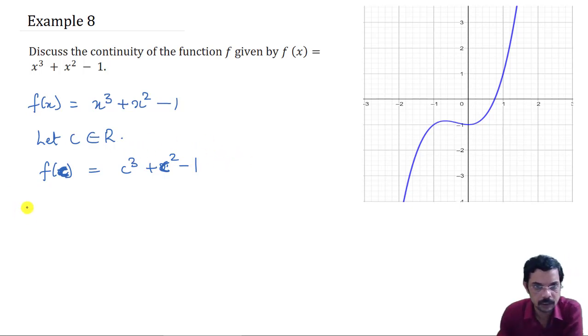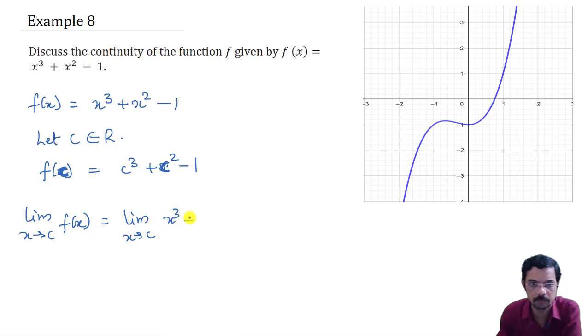Now let us check the limit x tends to c of f of x. That is equal to limit x tends to c of x raised to 3 plus x square minus 1. We just need to put x equal to c here, so we get c cube plus c square minus 1.